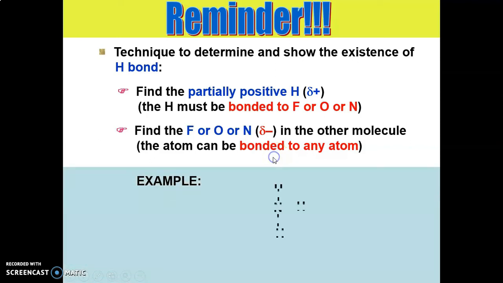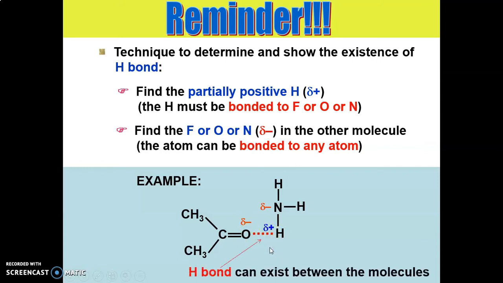Example: here we have hydrogen bonded to nitrogen. Then in another molecule, we have oxygen. Oxygen is partially negative, so there will be an attractive force between the hydrogen and this oxygen. This is what we call hydrogen bond.